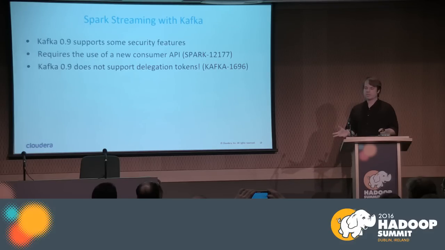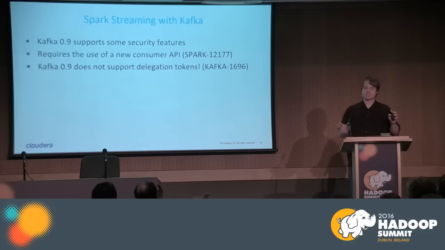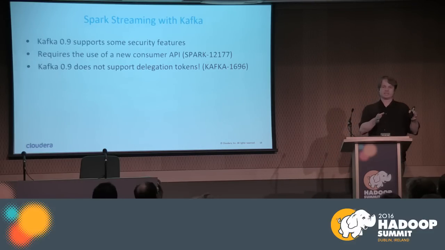There are two ways of talking to Kafka from Spark. I'm not really familiar with the Kafka support, but there are two different ways. One is a single executor talks to Kafka, and in that case, you can get away by doing a Kerberos login manually and getting the ticket granting ticket that allows you to talk to Kafka directly.